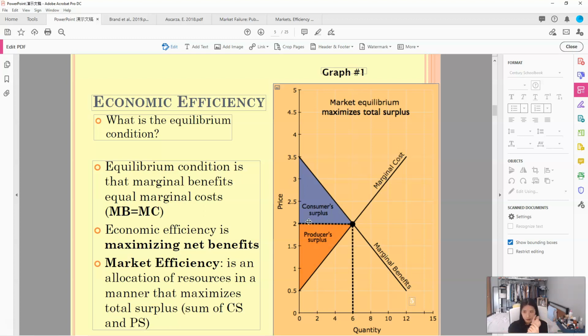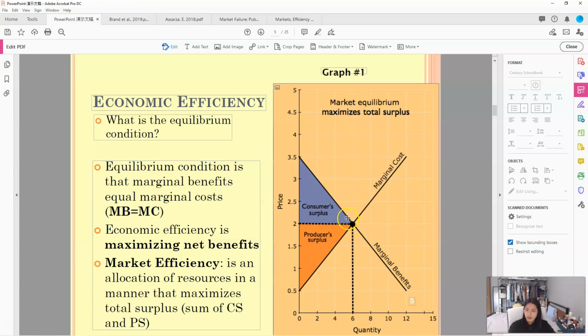Another concept is economic efficiency. The condition for economic efficiency is maximizing the net benefits. In some cases, when we reach the market equilibrium, we also reach economic efficiency at the same time, like in this figure.